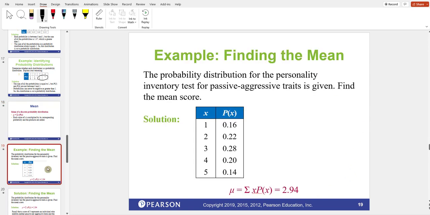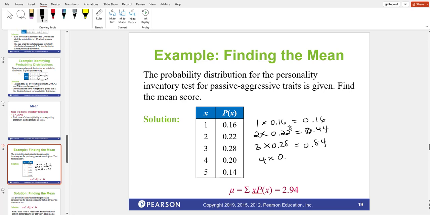So if we go back to this example, you're going to take 1 times 0.16, you get 0.16. Then you take 2 times 0.22, this is multiplication, which is 0.44. Then you take 3 times 0.28. You get 0.84. 4 times 0.2, you get 0.8.